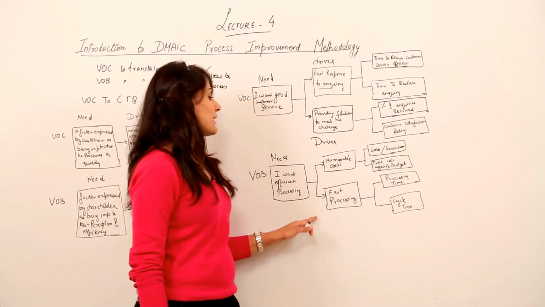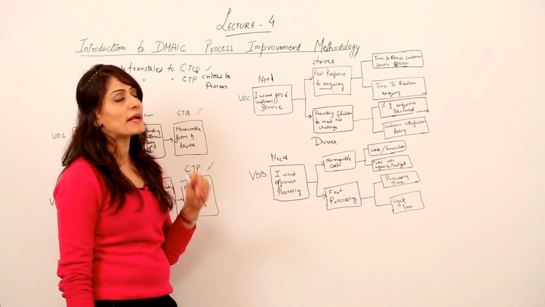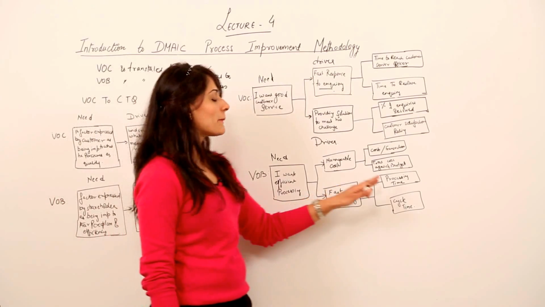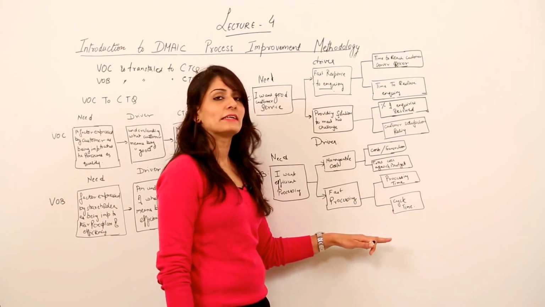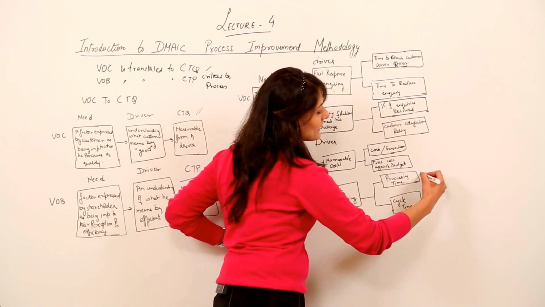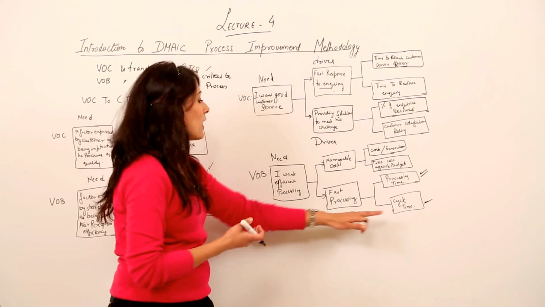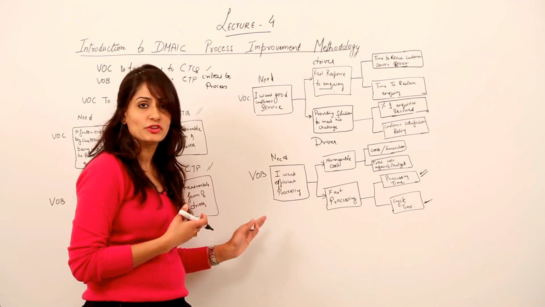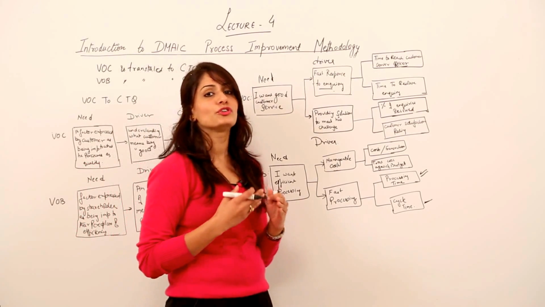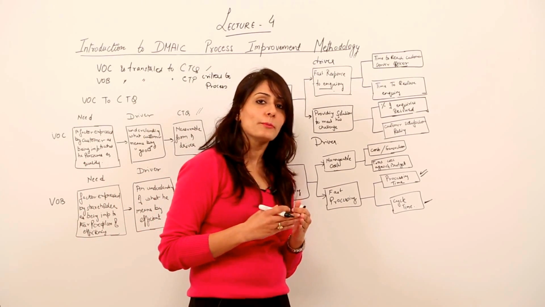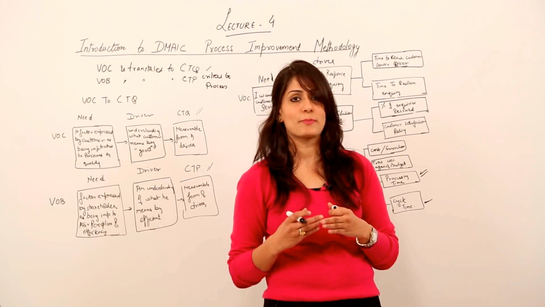In the same way, fast processing can be better measured if we see the processing time plus the cycle time. If the processing time has decreased and the cycle time decreased, this means our process is more efficient. So, this is how we should convert VOC or VOB into CTQ or CTP respectively.